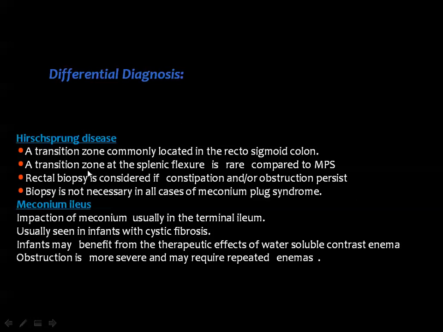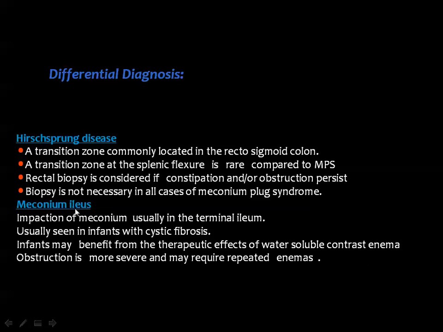The transition zone at the splenic flexure is rare compared to meconium plug syndrome. Rectal biopsy is considered if constipation and/or obstruction persist, in order to differentiate between both. Biopsy is not necessary in all cases of meconium plug syndrome.